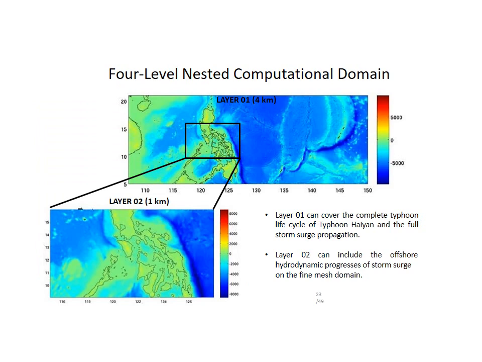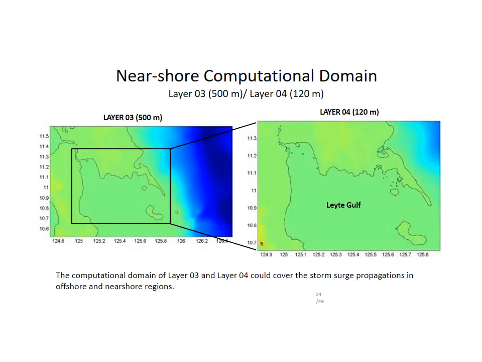The two animations show the pressure fields and the wind fields. From the WRF simulation, the wind field will reach more than 50 meters per second. So we use the two meteorological fields as input to our storm surge model, so we can get the storm surge propagation in the large computational domain.